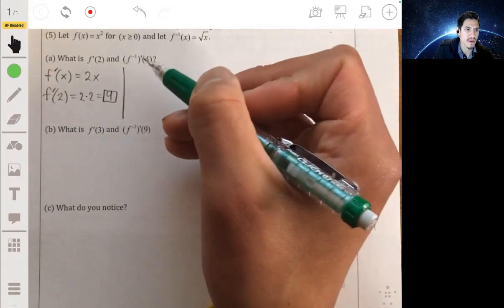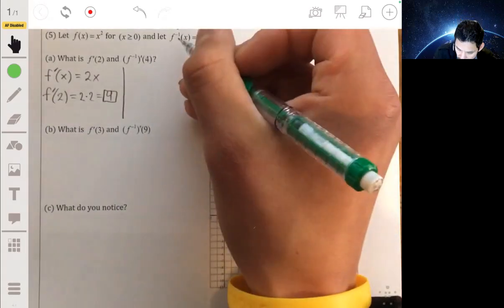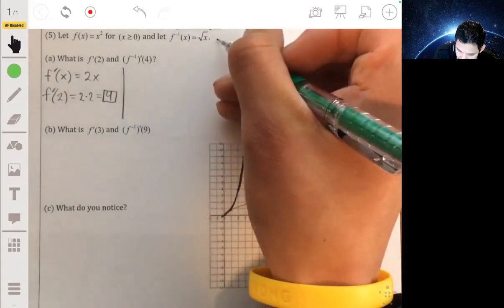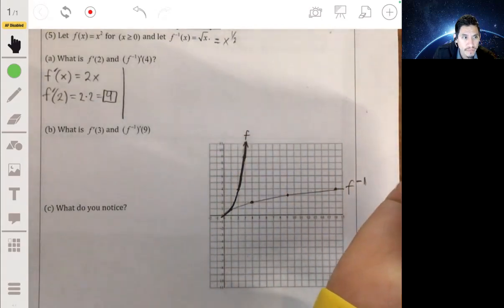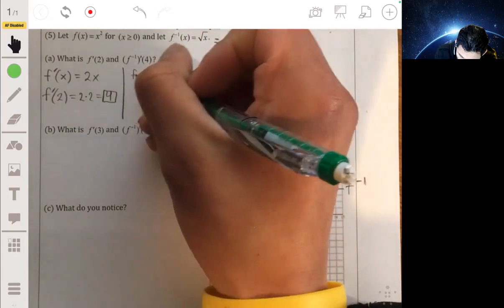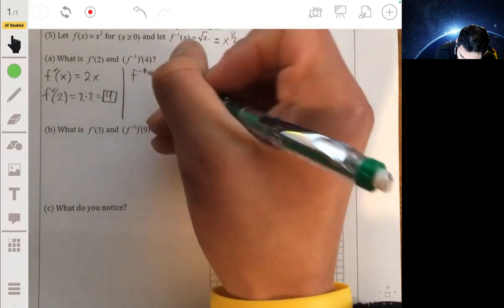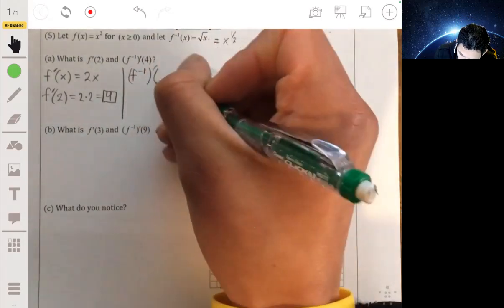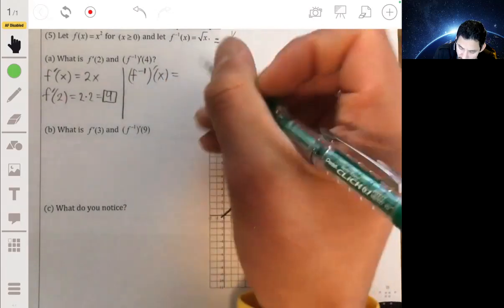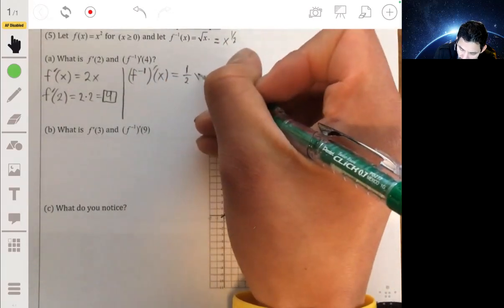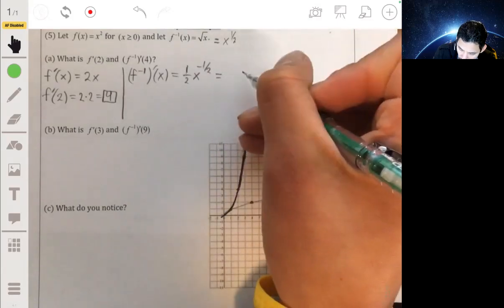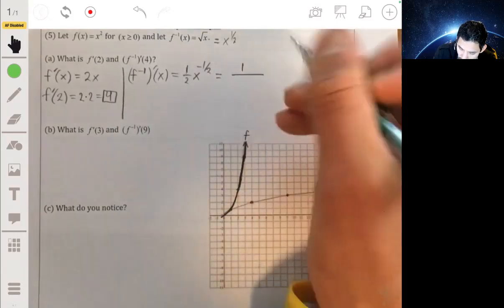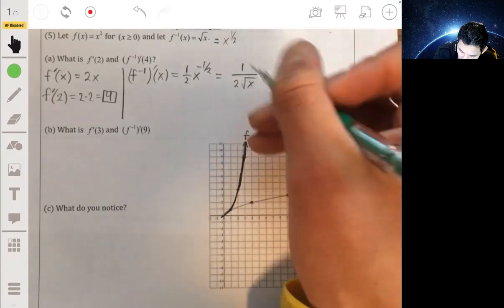Now, let's look at the derivative of the f inverse function. Let's remember that the square root of x is the same as x to the 1/2 power. Then the derivative of f inverse will be equal to 1/2 times x to the negative 1/2, or 1 over 2 times the square root of x.